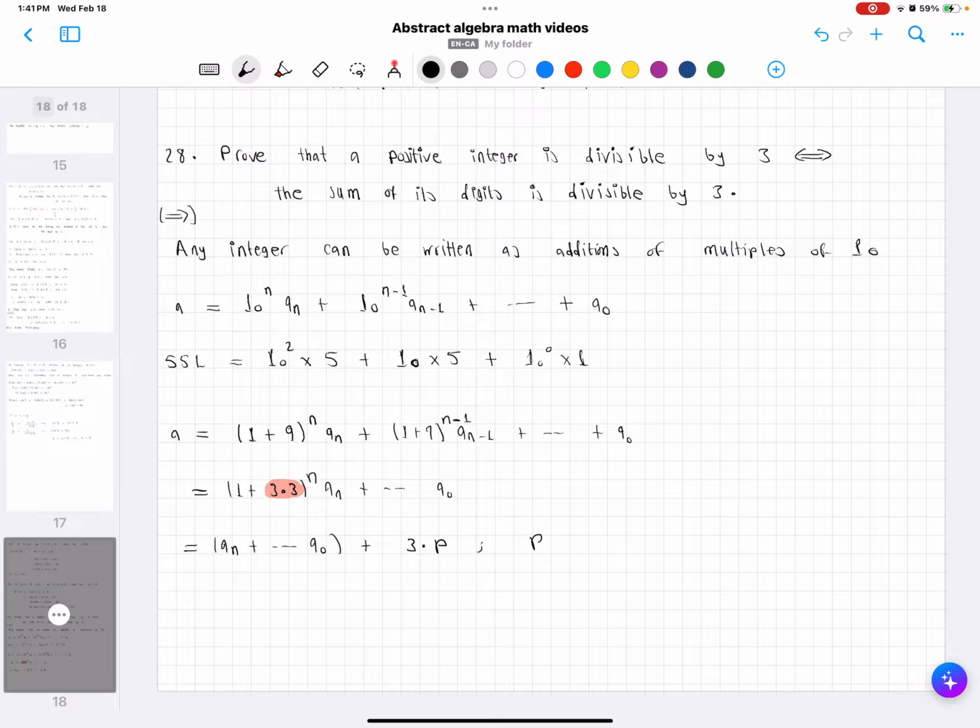So by the division algorithm, we must have that 3 divides a_n to a naught.